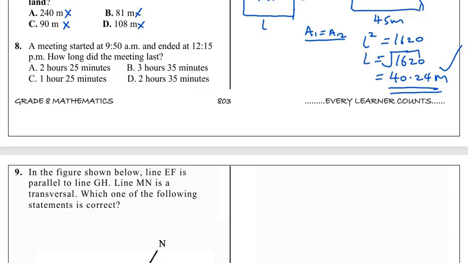So I'm going to show you how to use wrong method. The meeting is starting at 9:50. So we shall have meeting going on at 10:50, at 11:50, and then 12:15. The meeting will end.